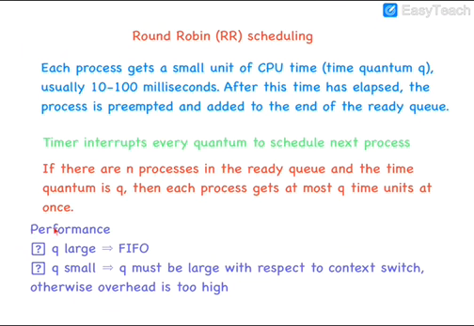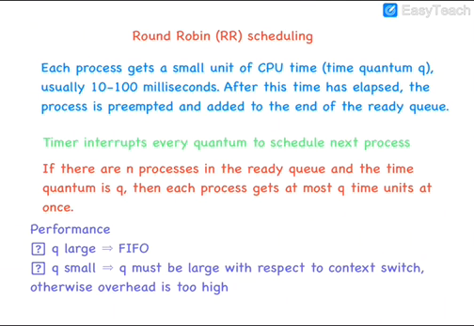Coming to the performance of round robin scheduling, if the time quantum q is large enough, then round robin scheduling degrades to first in first out scheduling.